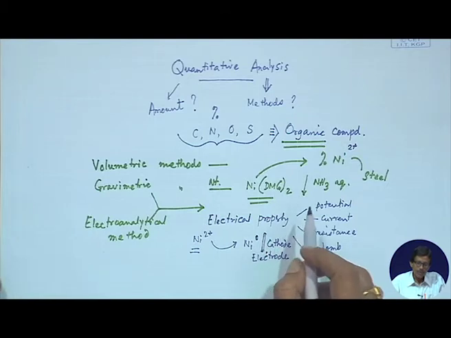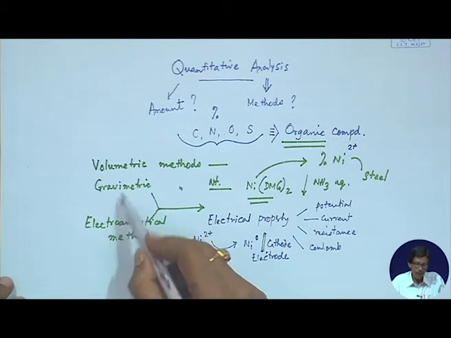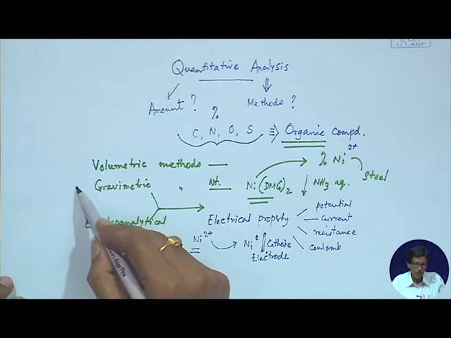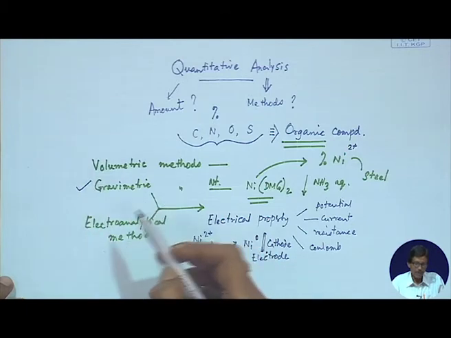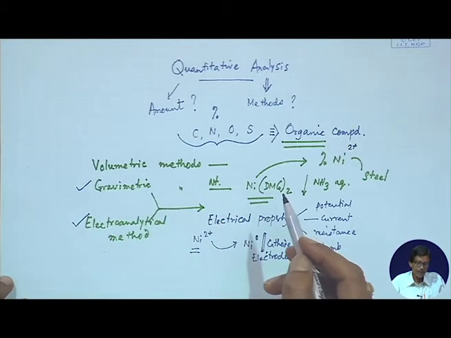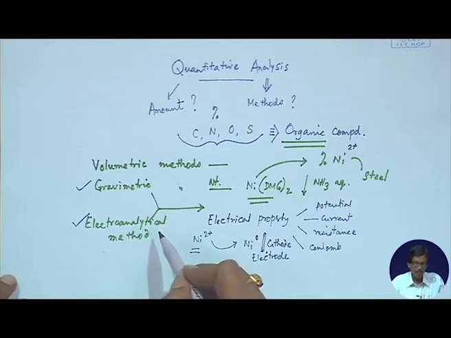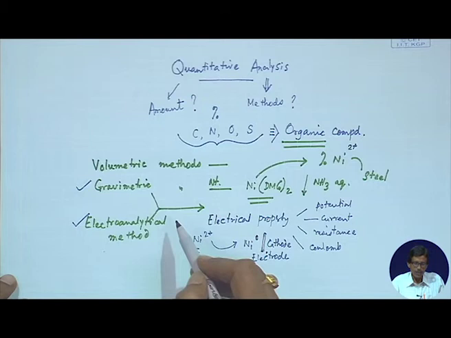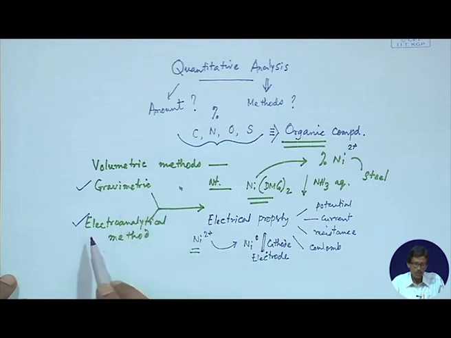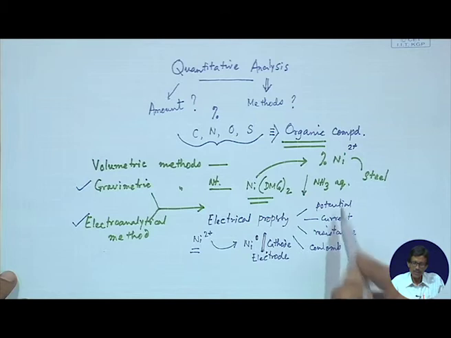So, how can we think of combining these two, that means a gravimetric analysis and an electrochemical analysis or electroanalytical method? We will utilize the passage of electric current through some electrochemical cell, and we can monitor how much charge, how much current, and all these things.